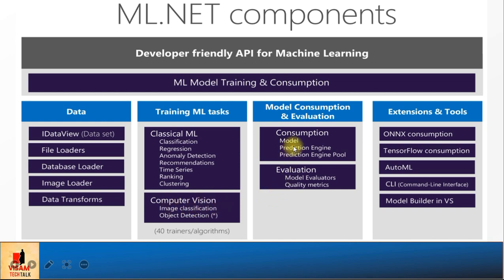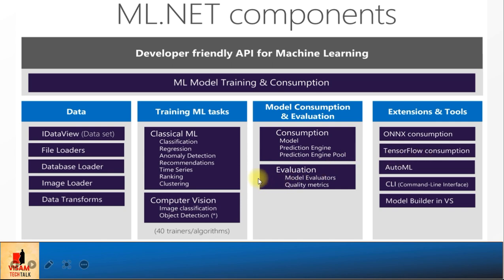In the same way, when you are consuming or evaluating these models, we have consumption and evaluation. Finally, we have various extensions and tools which we are using for building the models and generating the code. So these are the 7 components that are majorly useful in ML.NET.